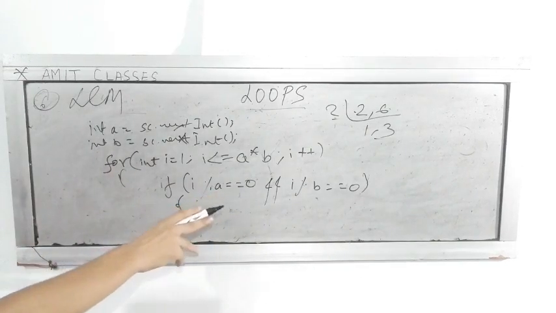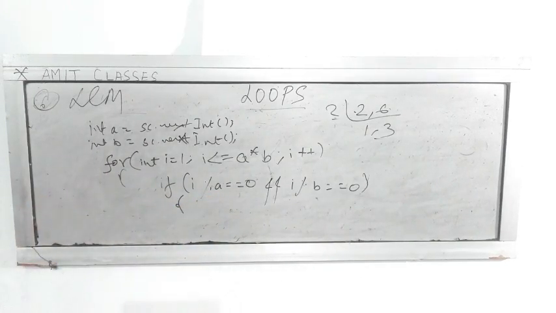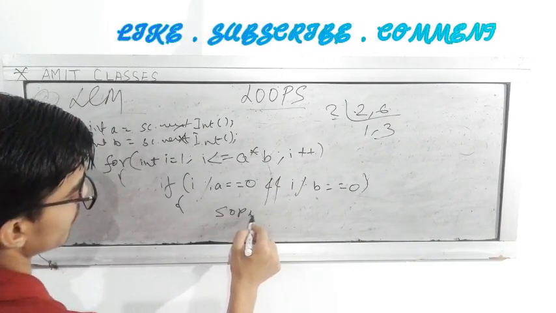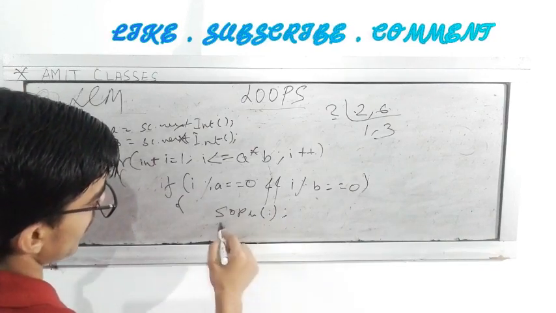If I mod A is equal to 0 and I mod B is equal to 0, then we will print SOPLN I and we will break.